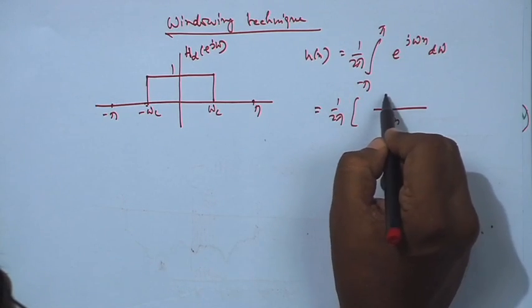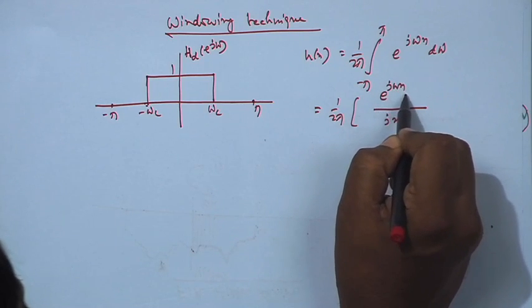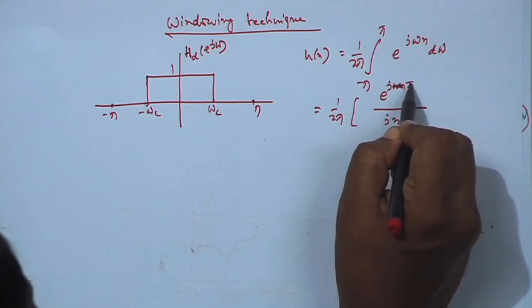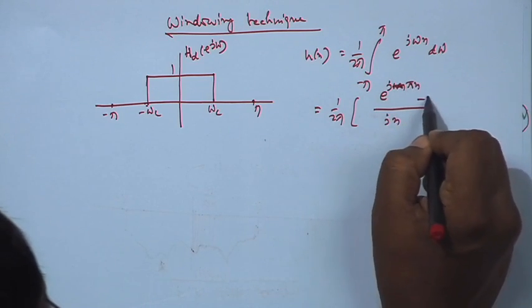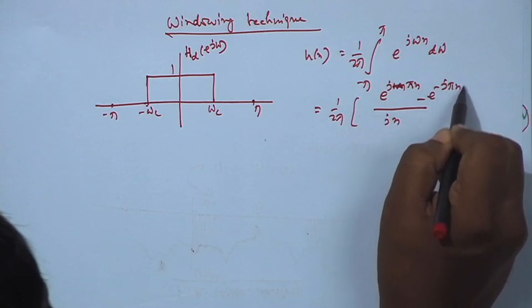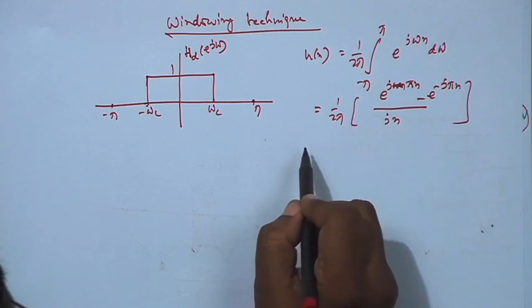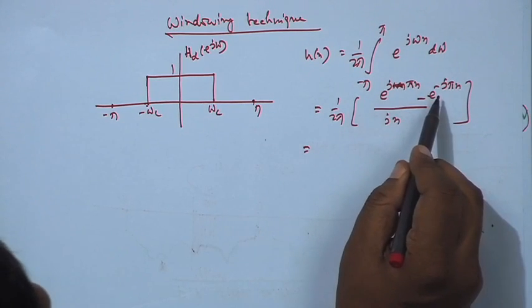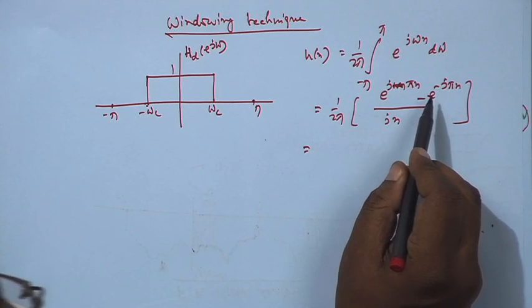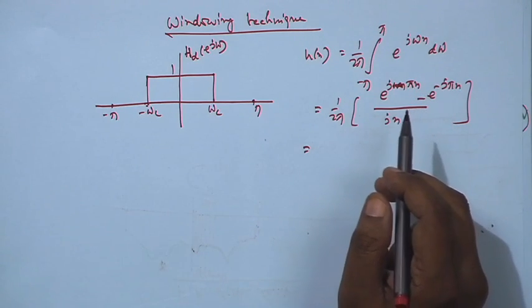e to the power j pi n minus e to the power minus j pi n. So, it will be 2 j sin pi n.